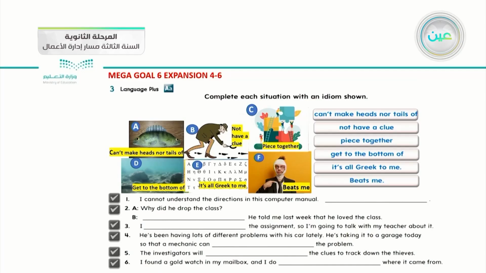Okay, after that we have some sentences or idioms. Exactly, we should apply those idioms to a suitable sentence below that question. Let us discuss it.